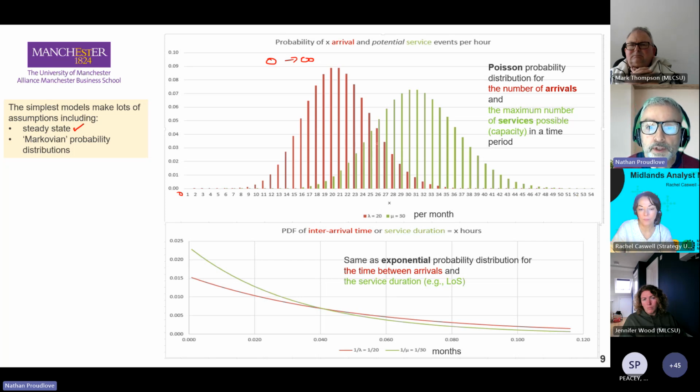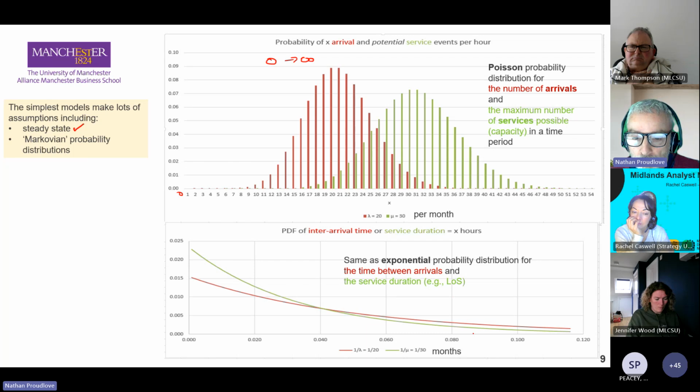Similarly, the number of services you could do, your capacity, the maximum number of services you could theoretically do in a time period, is also drawn from a Poisson. And mathematically, that's the same thing as if you think about real time, the actual length of stay. Instead of thinking about the number of patients you could get through your beds in a time period, you're thinking about how long a length of stay might be.